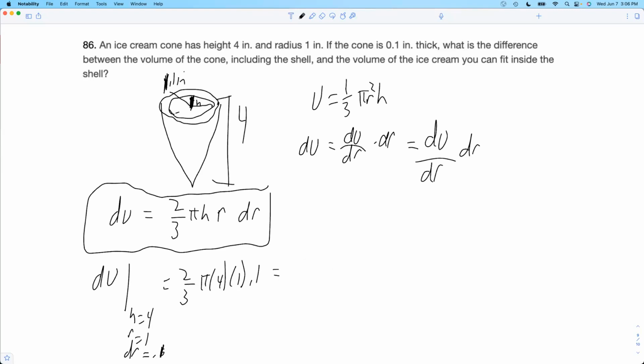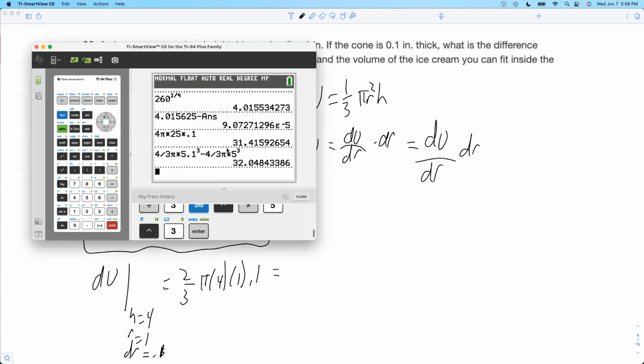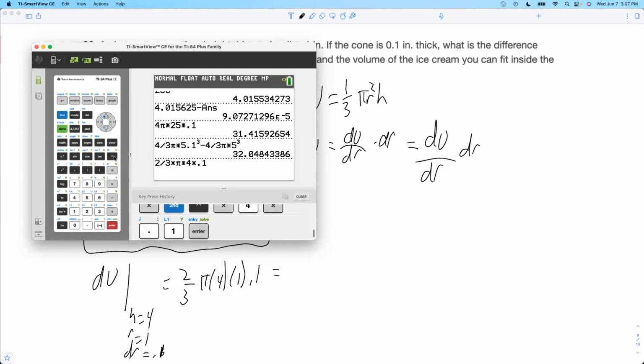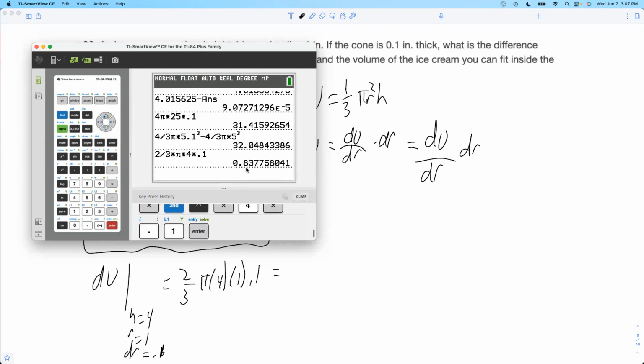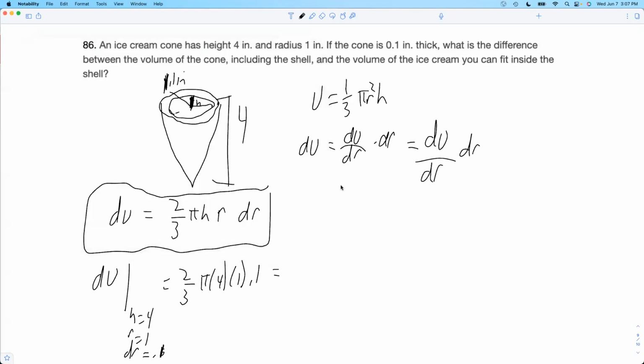All right, so let's throw that in our fancy calculator here. 2/3 times pi times 4 times 1 times 0.1. 0.8378 cubic inches here. Now that's just an approximation, but it took me hardly any time at all, right?